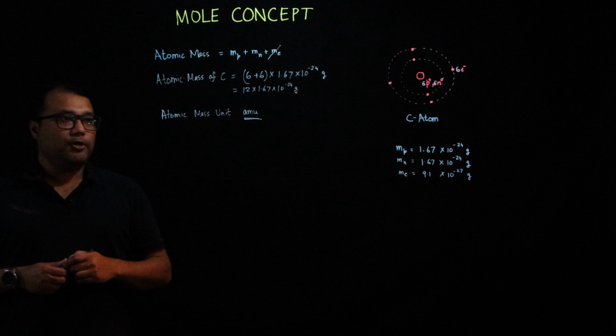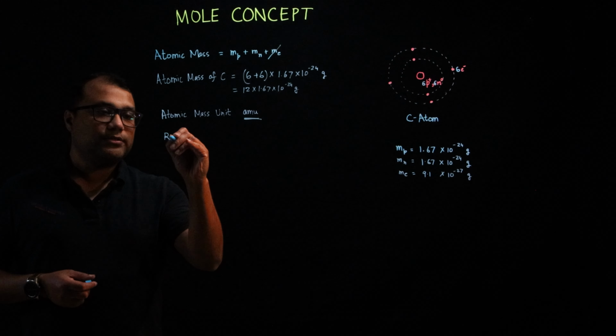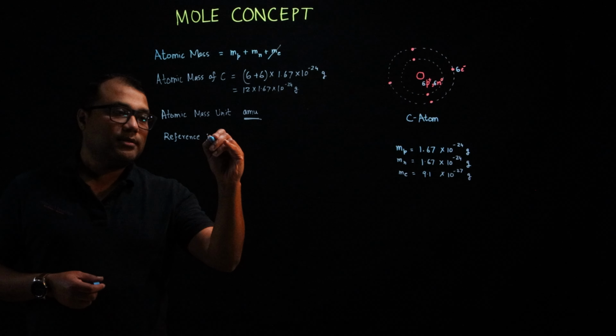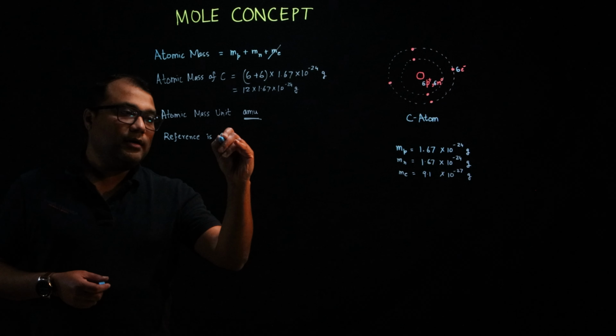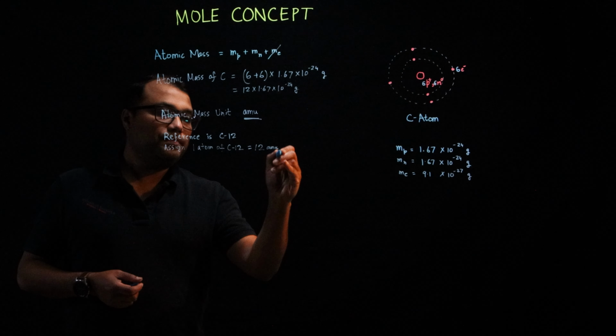So how do we define atomic mass unit? To define atomic mass unit, we need a reference. Now the reference we choose is the carbon 12 isotope of carbon. So we assign one atom of carbon 12 to have an atomic mass of 12 AMU.